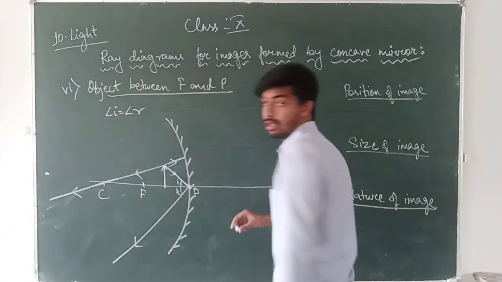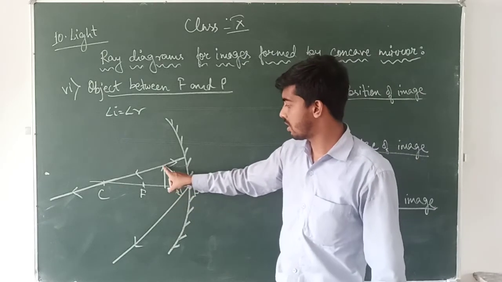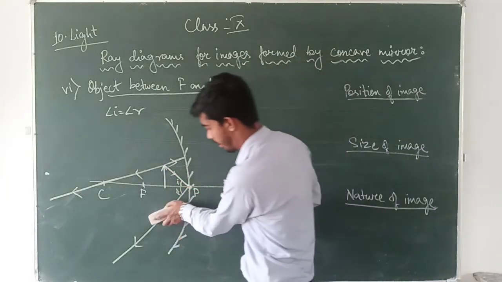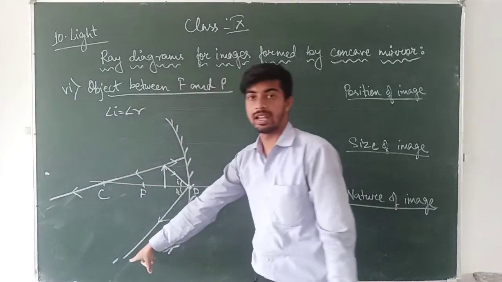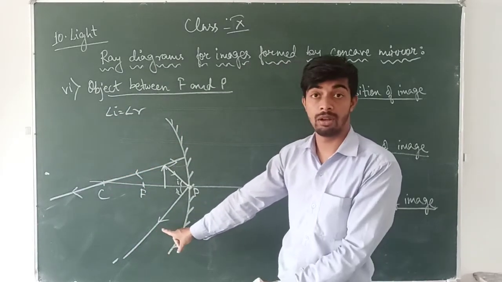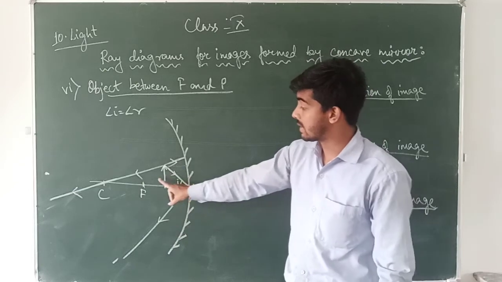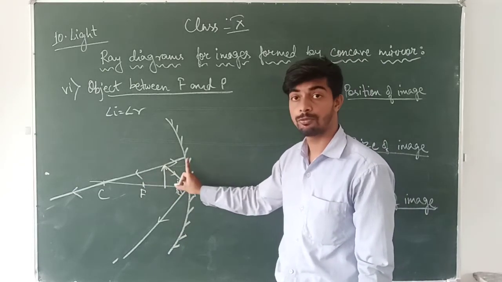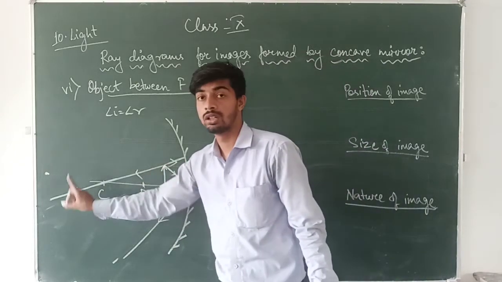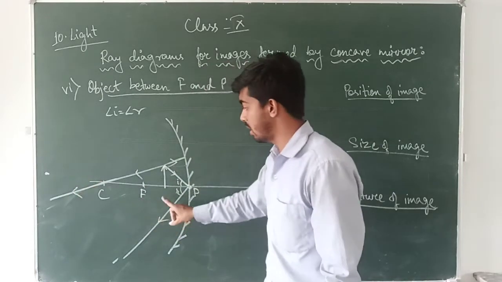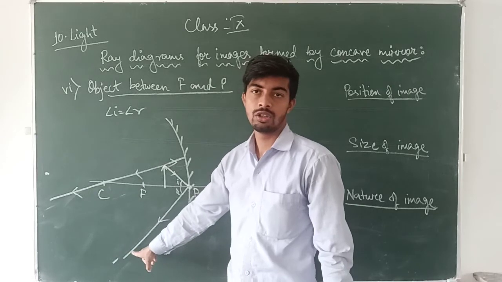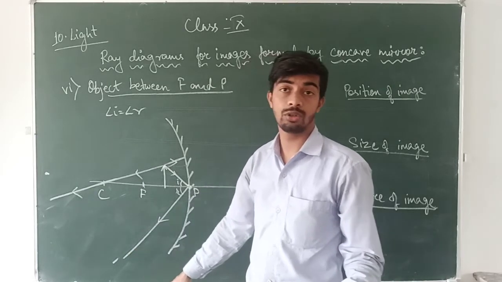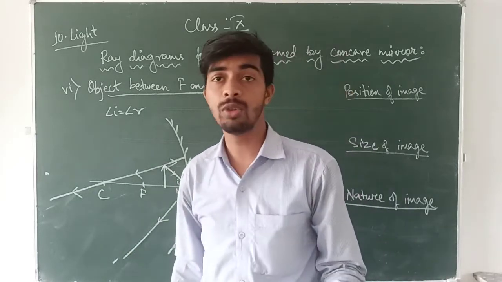So if you see here, the first ray falling on the pole reflects like this. My line may not be straight. The second ray is falling on the mirror and reflecting through the center of curvature. Now if you see, these two rays are diverging, they will never meet. As I told you, we always get an image when two rays meet.